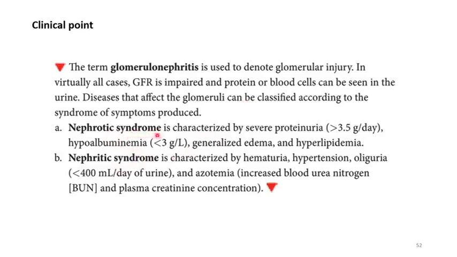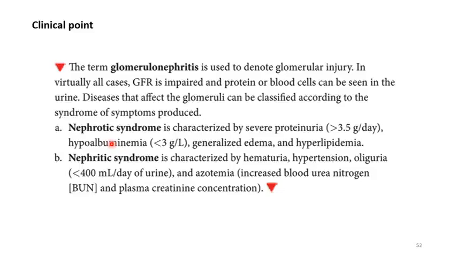Nephrotic syndrome is characterized by severe proteinuria, and due to this, as you know, the main plasma protein is albumin, and by losing albumin in the urine, the subject will experience hypoalbuminemia.